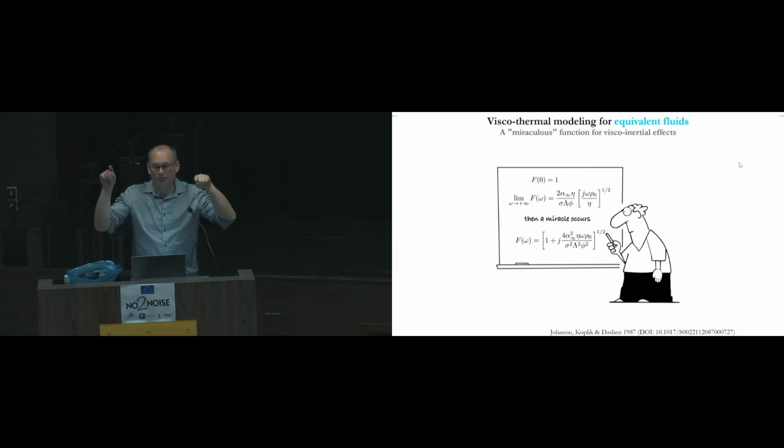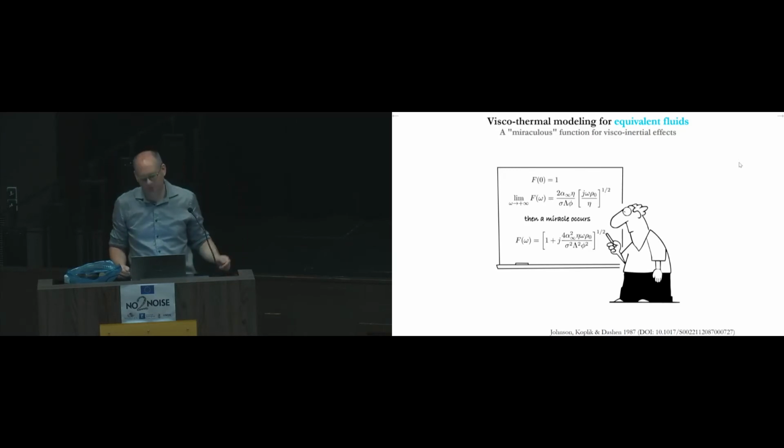They were dealing with rho with asymptotes, and they say we have a value of this function f which is 1 at low frequencies, at 0 frequencies. 0 is not a physical value in physics. And at high frequencies, we have an expression for this function f, which represents the dynamic mass density. So they have these two asymptotes, and they ask, what's going on in the middle? We don't know. So this is why a miracle occurs.